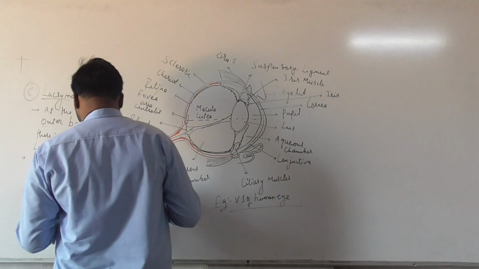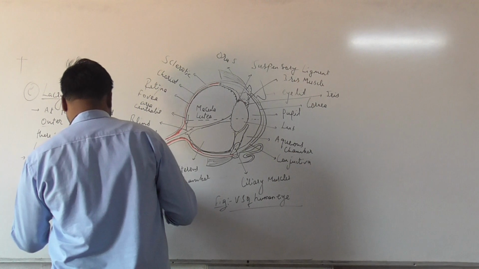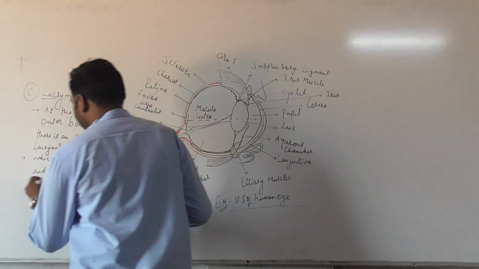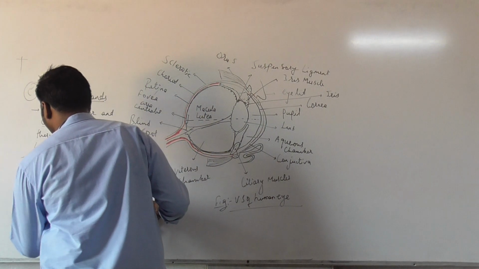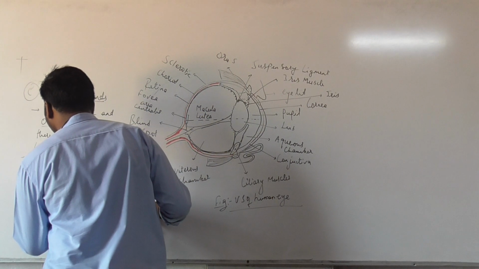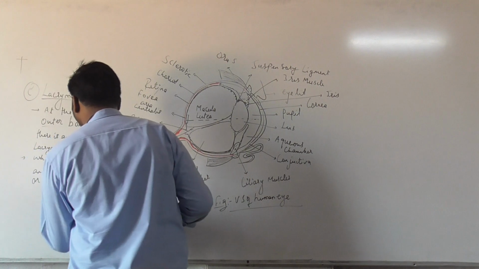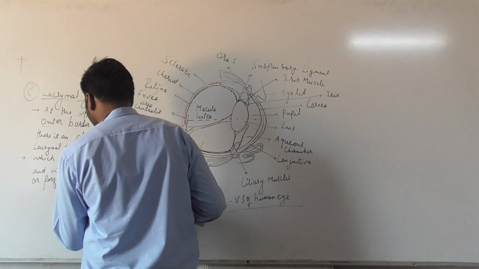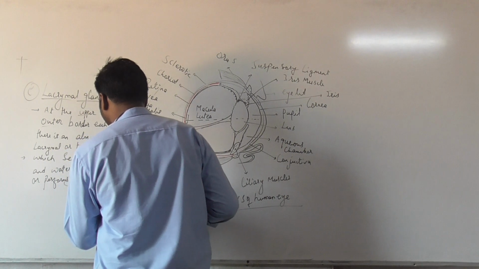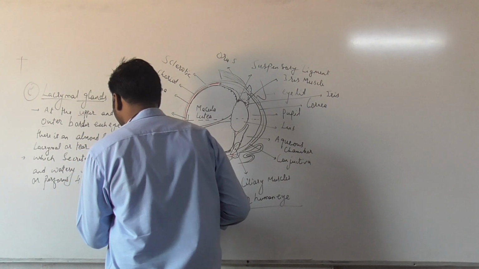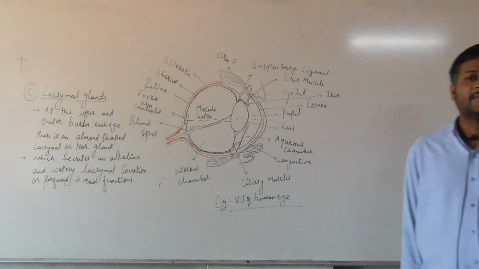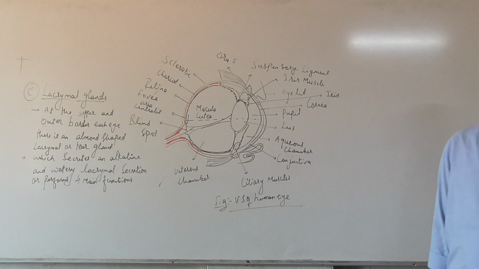Okay. It performs four main functions. So basically, these lacrimal glands are active during any interaction with the outer environment.